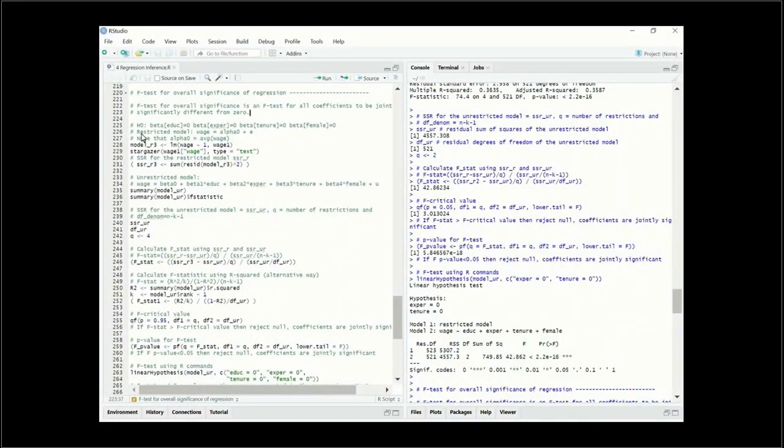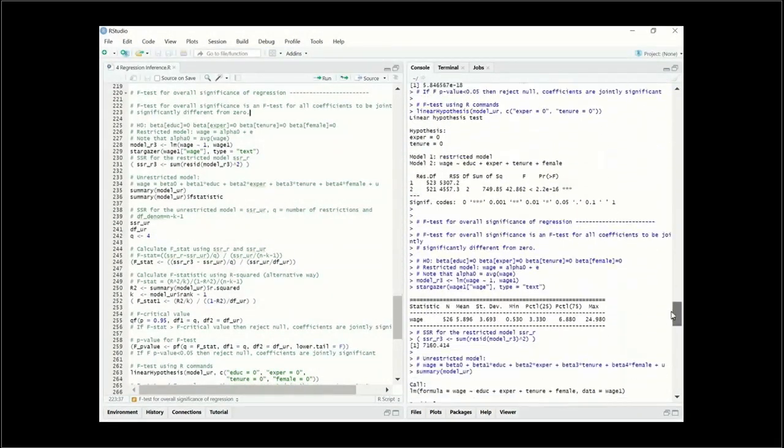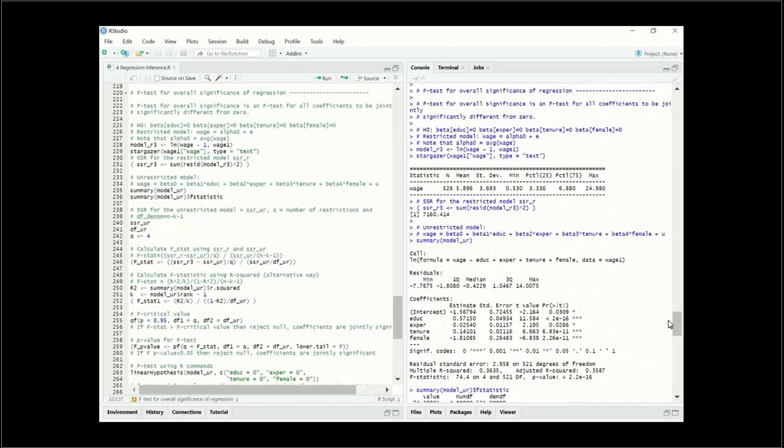We are calculating the restricted model, which is wage regressed on a constant. If we just regress wage on a constant, one thing that we're going to be finding is that the coefficient here is exactly the same as the mean for the wage variable.